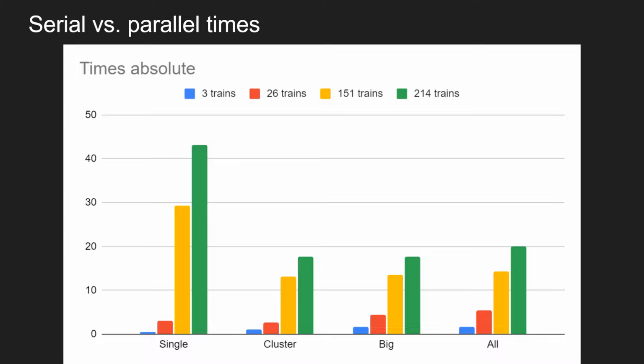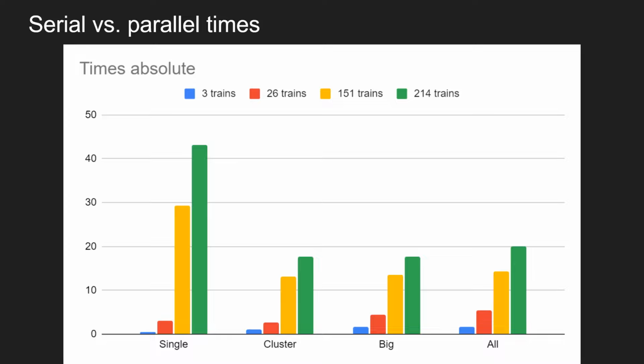So this is the typical case of a completed level. The test with the 151 trains was the world level where I had filled it out as much as I could before I had started all of my optimizations. And I had stopped because at that point it was just going too slowly for me.